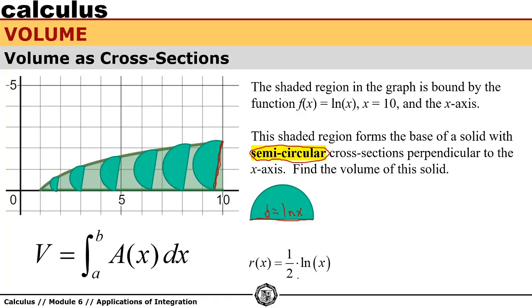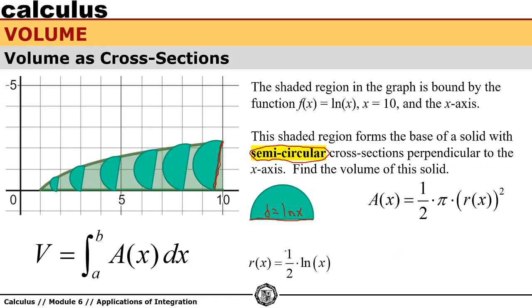That's really, really important. Now, if you're using a calculator, I would strongly urge you to define r of x on your calculator as 1/2 times the natural log of x. Just do it right on the calculator screen. Define it as 1/2 times the natural log of x. All right. Now, once you've gotten that, the next step is to build the area function. To get the area of a semicircle, you're going to need to do 1/2 times pi times the radius function squared.